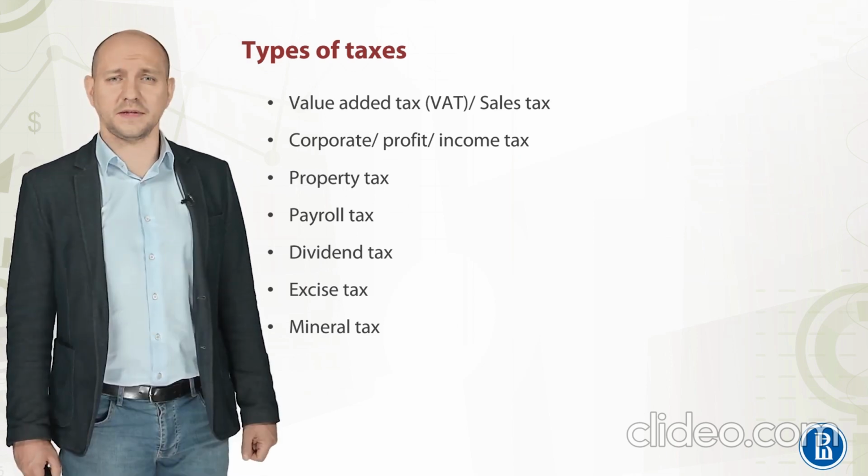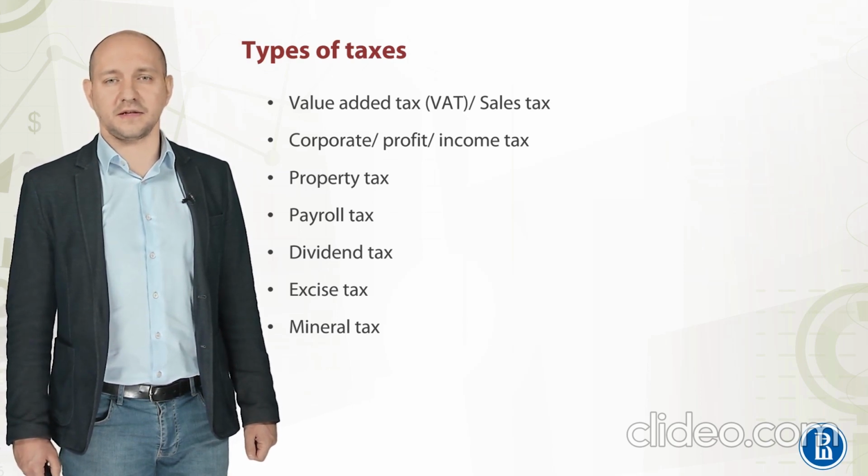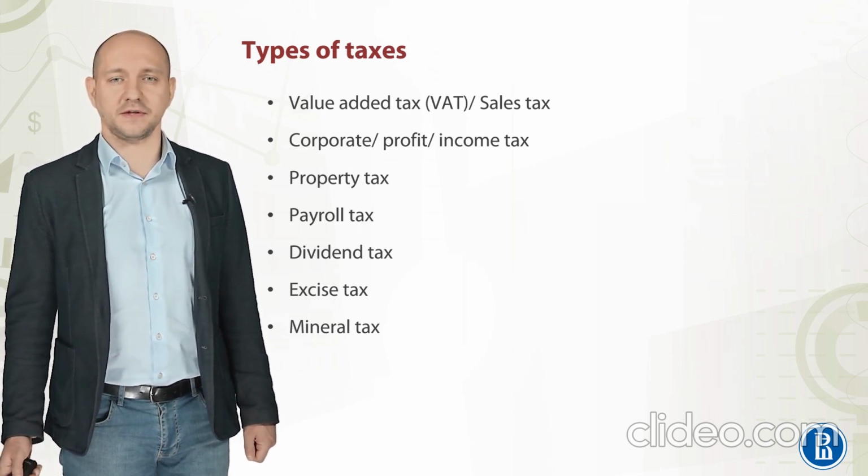Then the companies need to pay corporate tax, which is sometimes called profit or income tax. Then we have property tax, payroll tax, dividend tax. It's worth mentioning that dividend tax is in fact a part of corporate tax. It's just a special case of it.